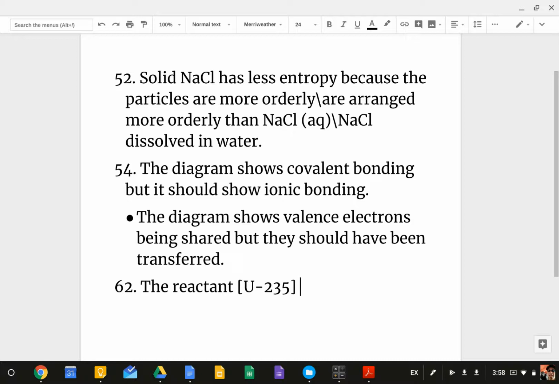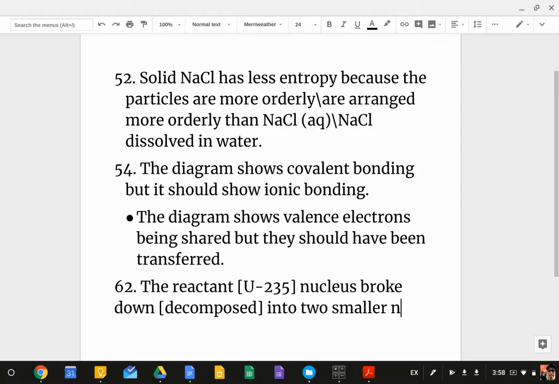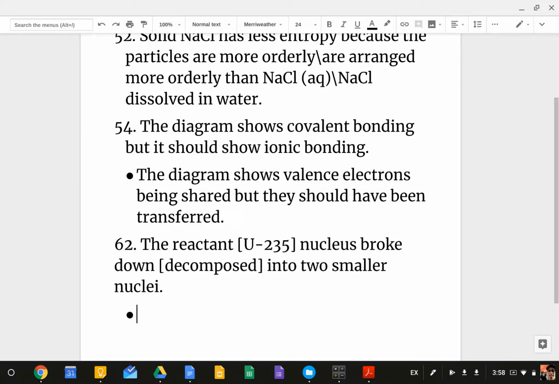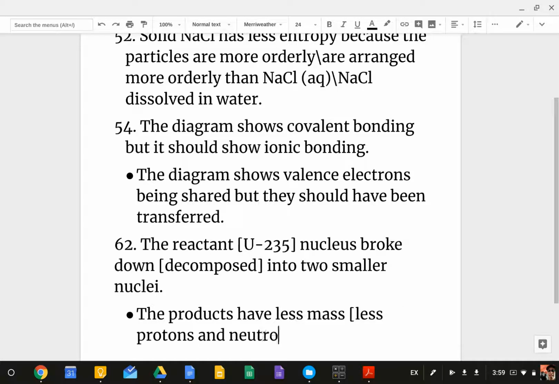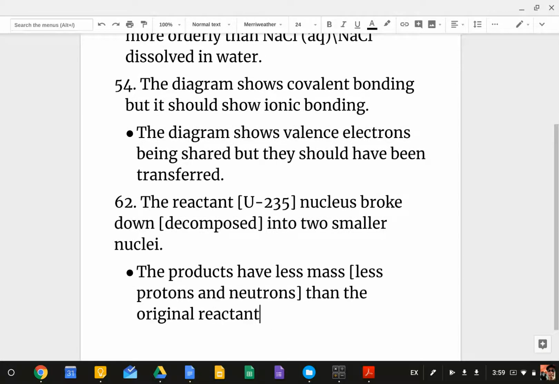So the reactant uranium 235 nucleus broke down, or you could use the word decomposed, into two smaller nuclei. Is there another way we could state that? The products have less mass, meaning they have less protons and neutrons than the original reactant nucleus.